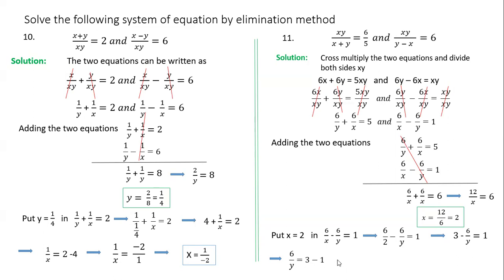So 6 upon y is equal to 2. y is equal to 6 upon 2, y is equal to 3. y is equal to 3, x is equal to 2. This is how it works when it is in this form. So see the types. Okay, I made sure that I am covering all possible types.